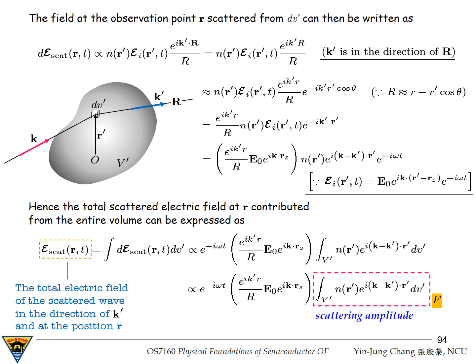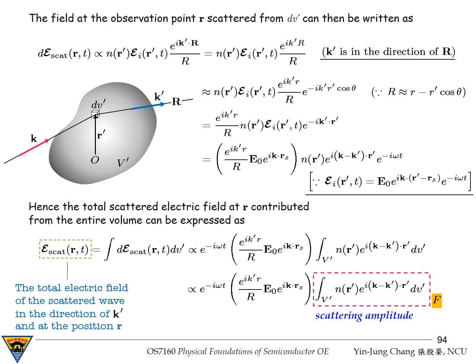So to obtain the total scattered field observed at the detector, we must sum the contributions from all small volume elements within the crystal by integrating the differential scattered field over the crystal, as expressed in this expression.